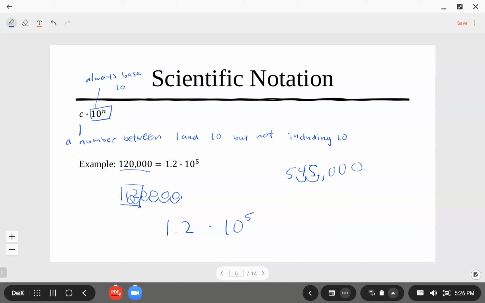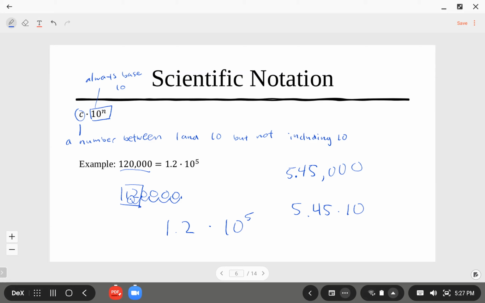And we get 5.45, right? That is a number between 1 and 10, but not including 10, okay? And we get C, or X or Y, or whatever variable you want that to be. So we have that part, and then we have to multiply by 10 to some unknown exponent, right? Now we're going to find that exponent.